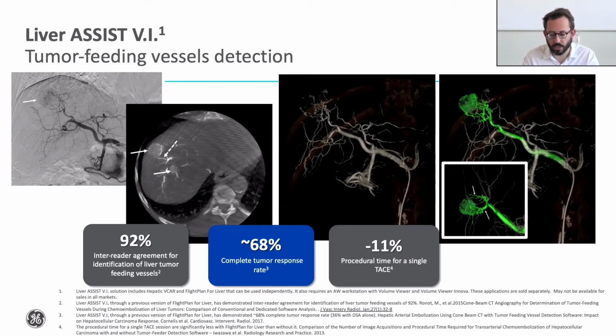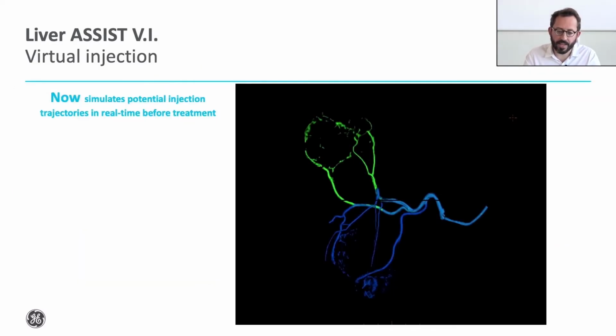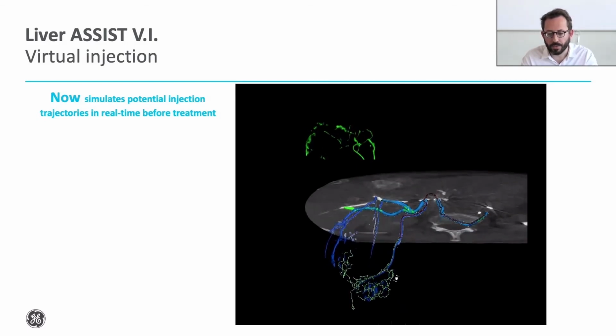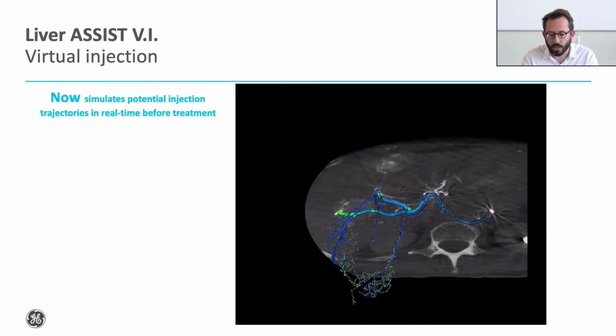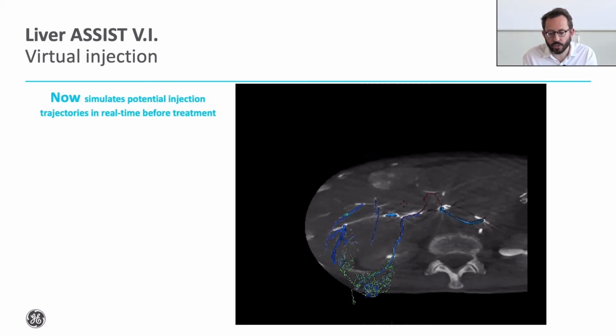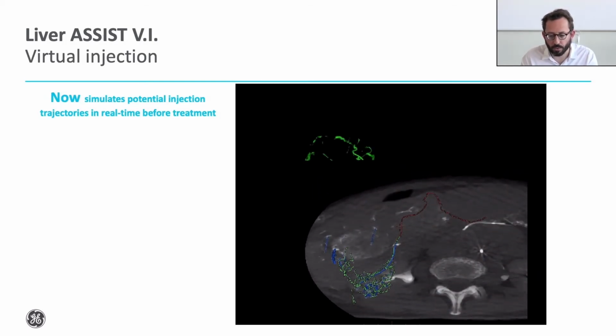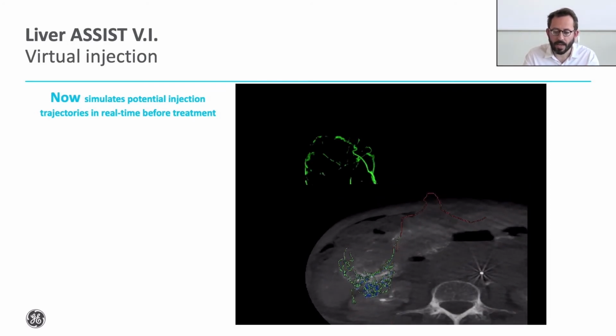It's a shorter procedure. One very interesting new thing that Liver ASSIST V.I does for you is the virtual injection. Because I told you, you need to select the best injection point, the injection point that will give you the best coverage of the tumors and exclude as much non-tumoral liver as possible, so you can have better effect and less toxicity.